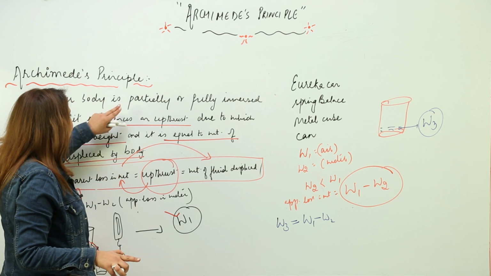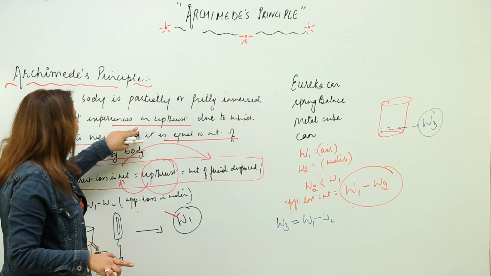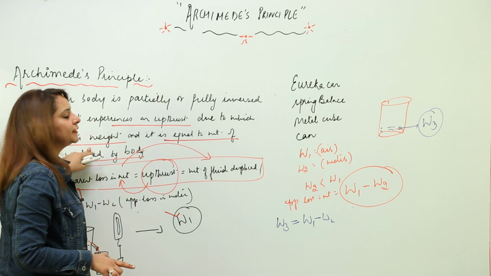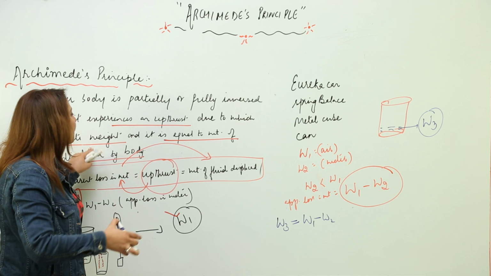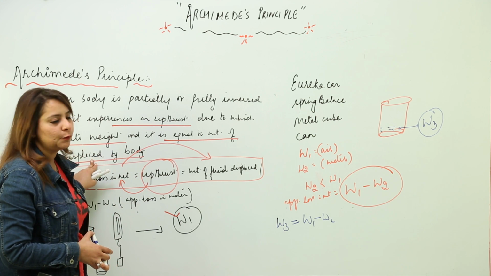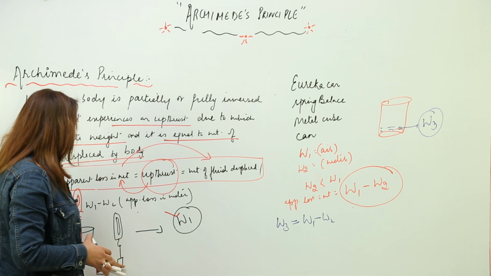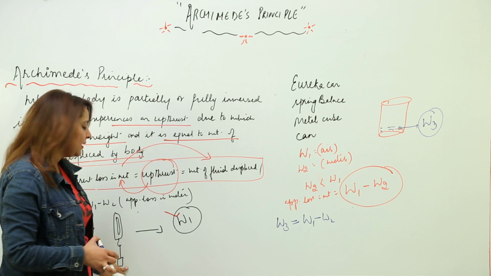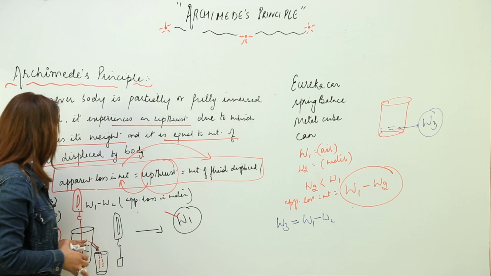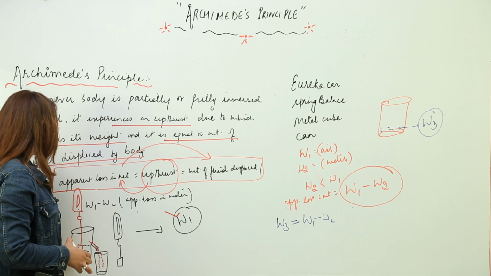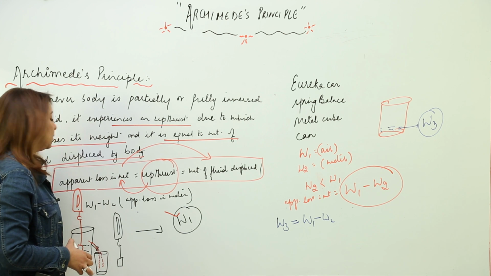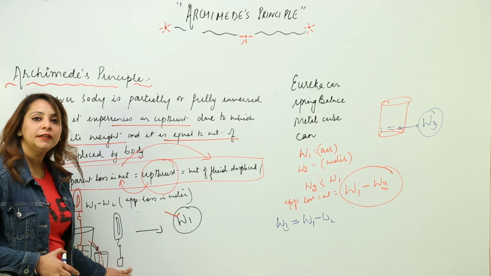So when a body is partially or fully immersed, it experiences upthrust, due to which there is an apparent loss in weight, the bigger weight minus the smaller one, which is equal to the weight of the fluid displaced. We have seen that the weight was W1 in air. When we lowered it, some amount of water flowed into the can from this tube, and the weight recorded was W2, which was always less than W1.